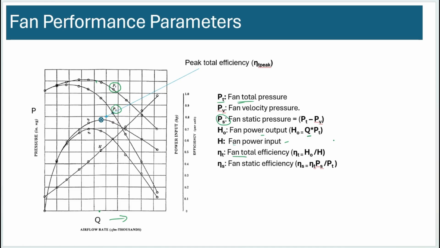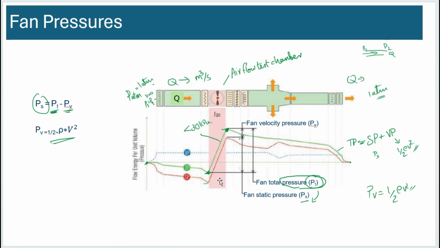Total efficiency is basically the amount of power you're giving into the flow relative to the amount of power you need to provide to the fan. So that's the fan total efficiency. And then there's static efficiency, which is you calculate the total efficiency and multiply it by the pressure ratio between the PS here and PT here.